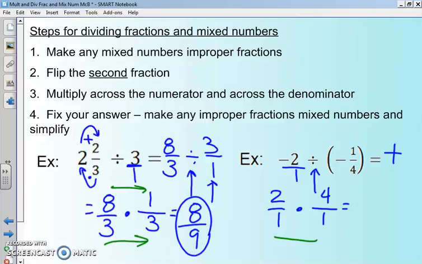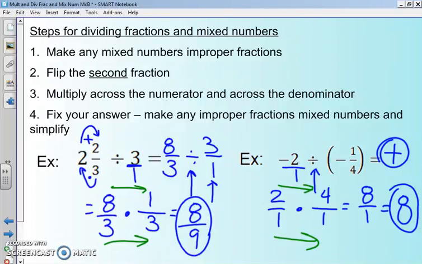Multiply across the numerator, across the denominator. Again, I just said that backwards from the arrows. Across the numerator, across the denominator, I get 8 over 1, which is the same as 8. My answer was positive, so that is my answer. Not too bad. Multiplying and dividing fractions, not nearly as much work as finding a common denominator and doing all that. At least it doesn't feel that way.